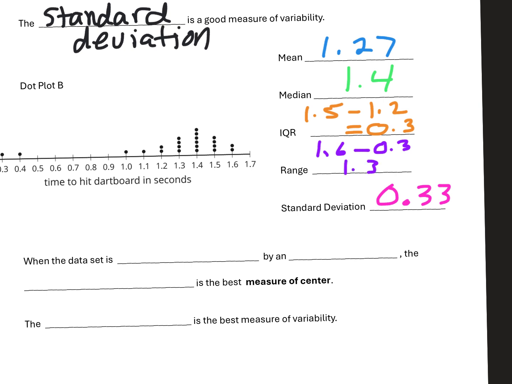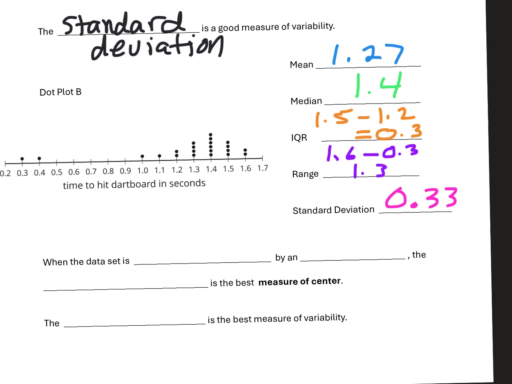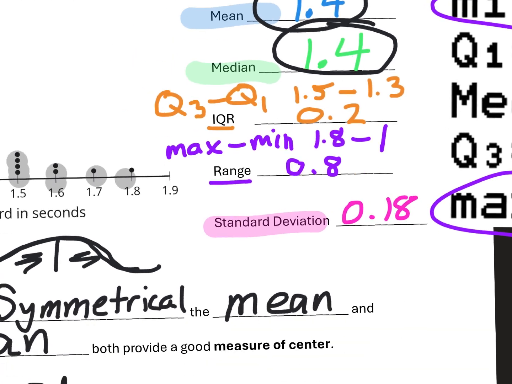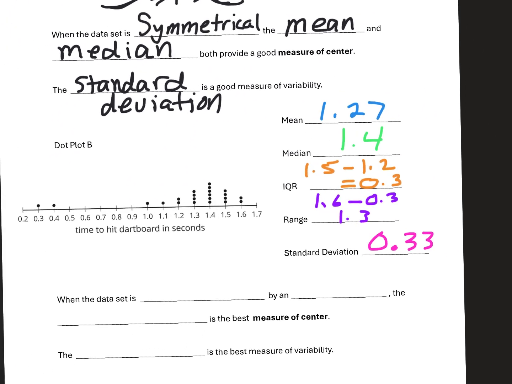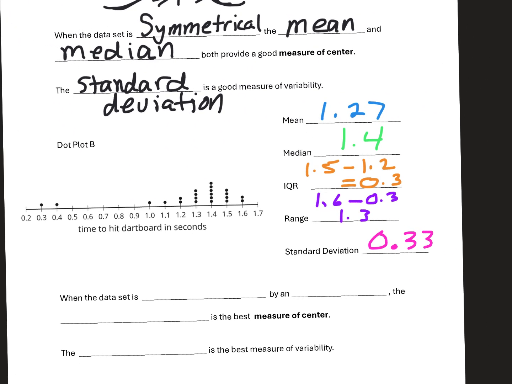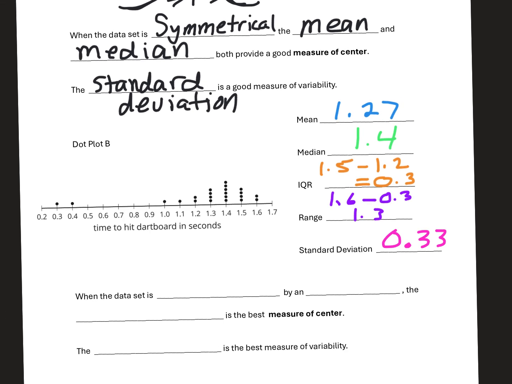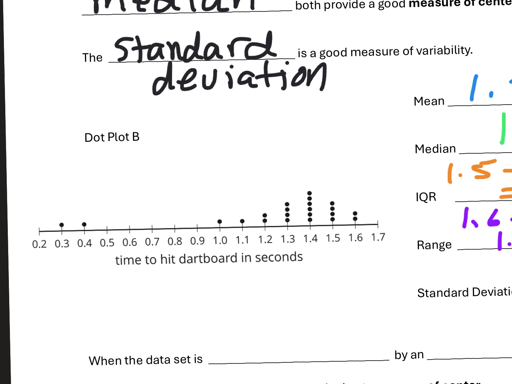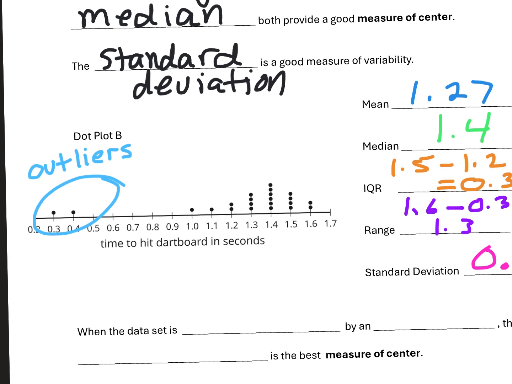So you're going to notice that compared to the previous dot plot, where the mean and the median were the same, in this dot plot the mean is smaller. The reason the mean is smaller is because this dot plot is not completely symmetrical like our other dot plot was. We have these two little guys out here to the side, which are called outliers.